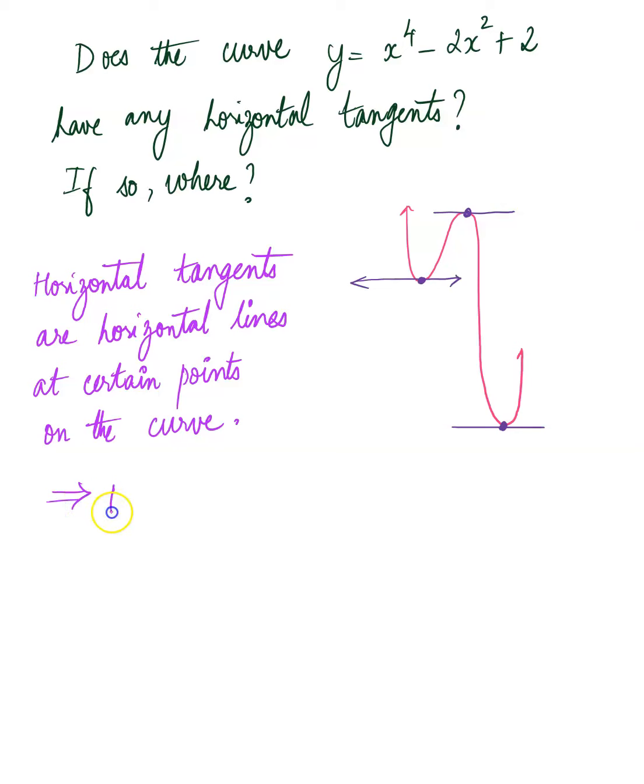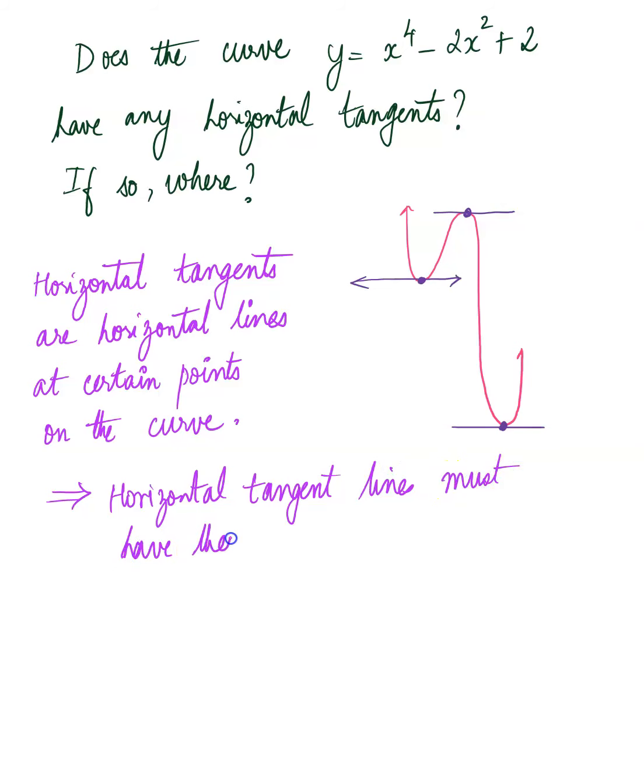This implies horizontal tangent lines must have their slope as 0, and put the 0 itself at those points, whatever those points are.